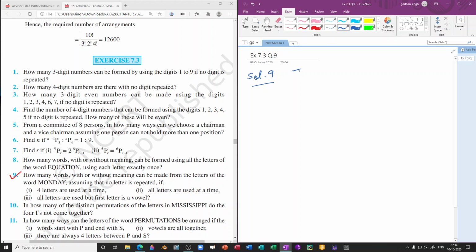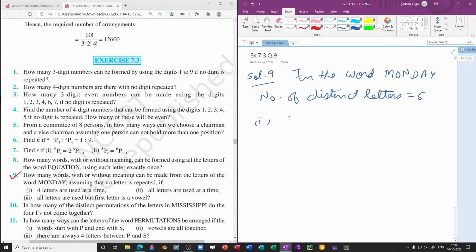In the word Monday, number of distinct letters is equal to, just count it, 1, 2, 3, 4, 5, 6. So they are 6. Now let us do one by one all the parts of this question number 9.